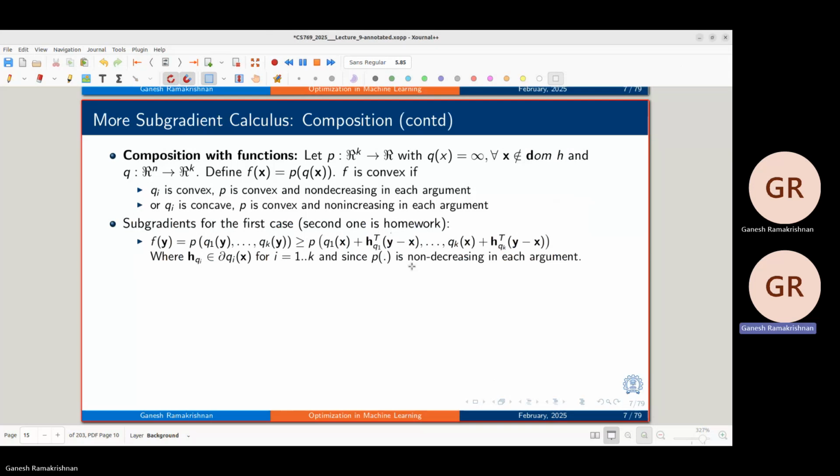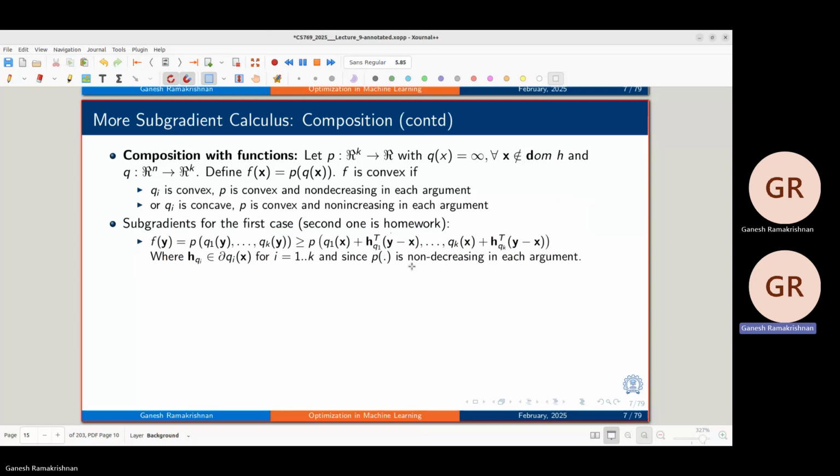You're saying I can just add one more. Yes, HP transpose is a vector. But how can I add something to the right hand side and still preserve the inequality? So don't jump, be a little careful.